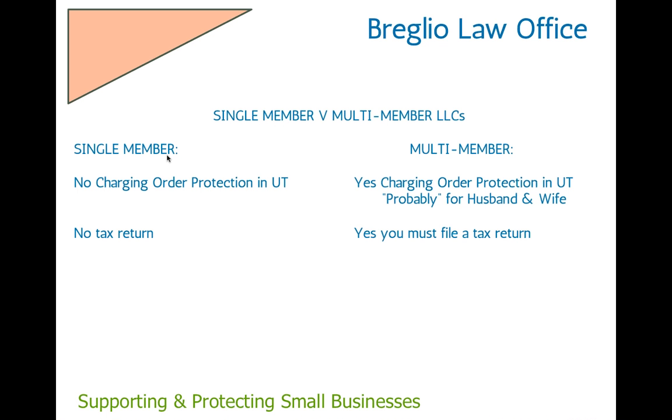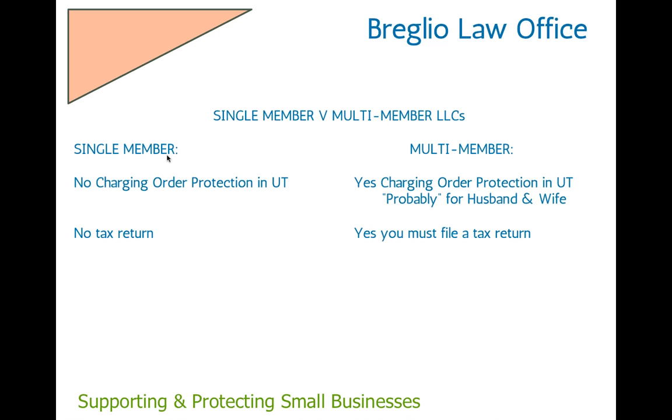So a charging order protection is just a great protection for assets in a partnership because no creditor wants to be in that position. They don't want to sit around for years waiting for the cash out while they're continuing to pay taxes on money that they're not getting. But because this sort of derived from partnership law to protect the innocent partner from the bad partner, many states, including Utah, have said if there's no partner, then there's no innocent party to protect, and then there's no reason for a charging order.